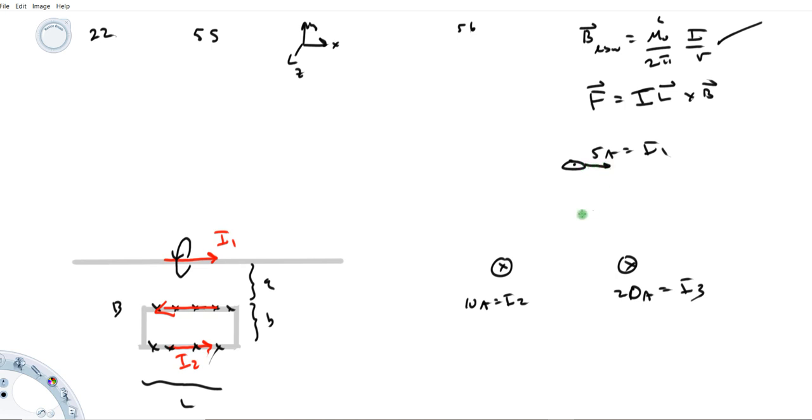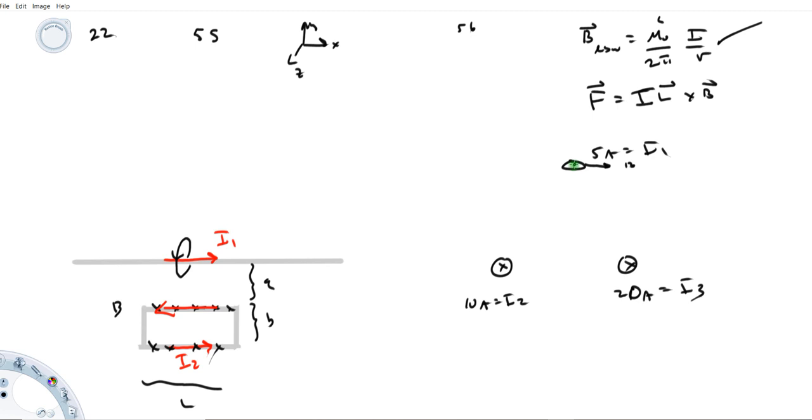Something like this, where it's going to make a right angle. That field is equal to mu sub O over 2 pi, I2 over this distance. Repeat for the 20 amp current. That's going to give you something up and right.